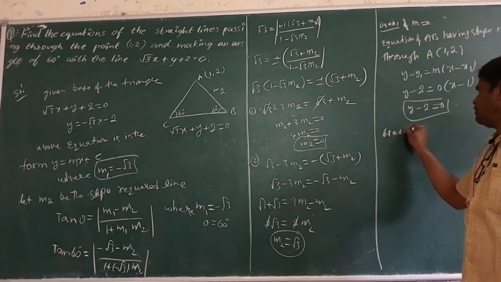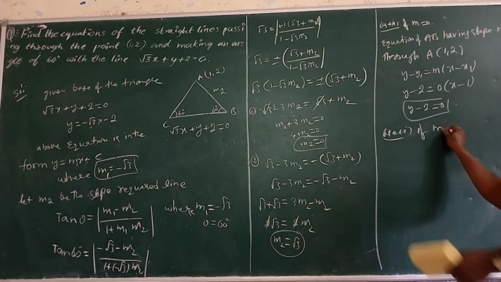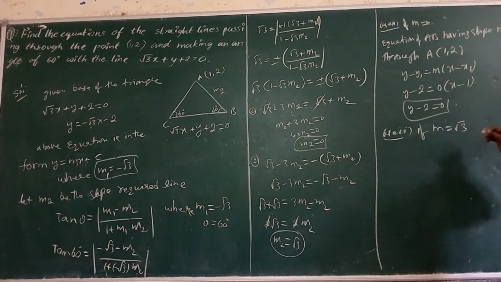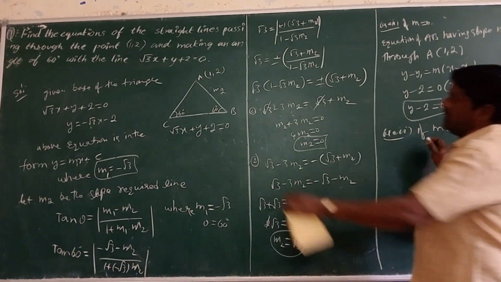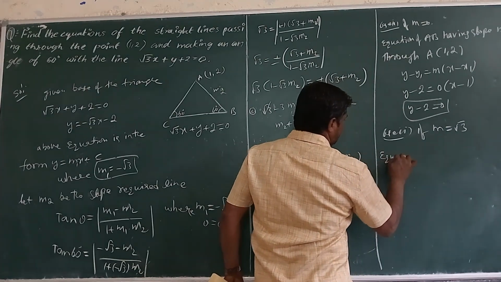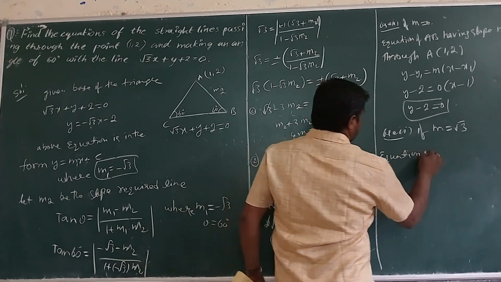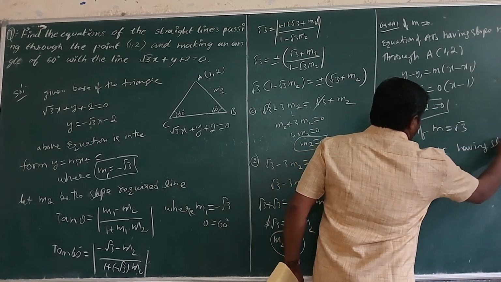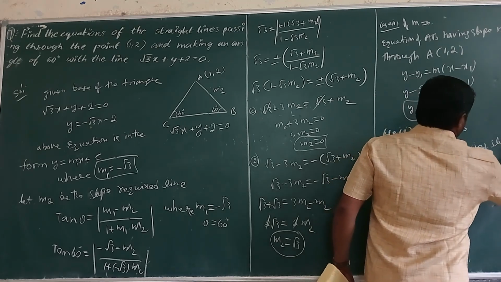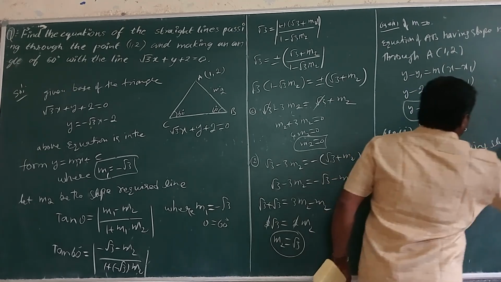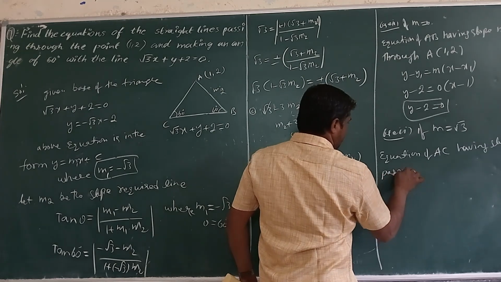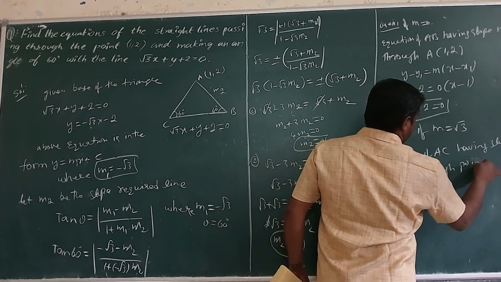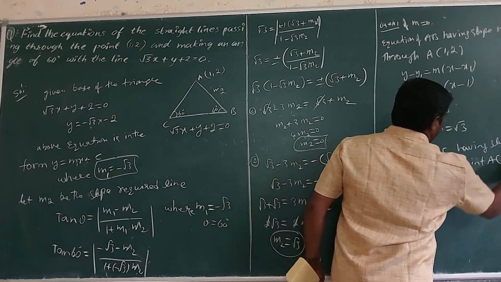Case 2: if m equals root 3 and passing through point (1, 2), the equation of AC having slope m equals root 3 and passing through point A of (1, 2).